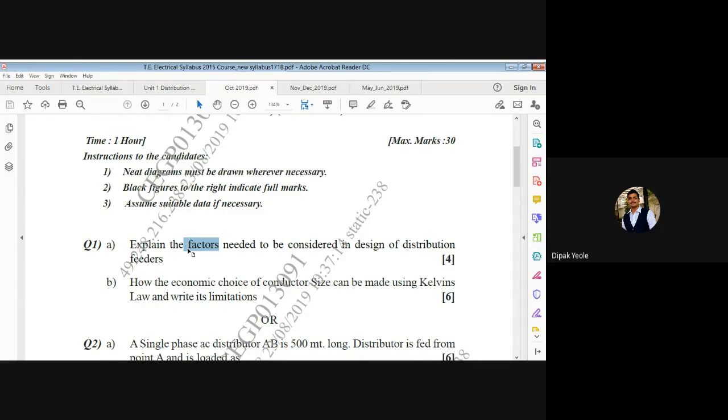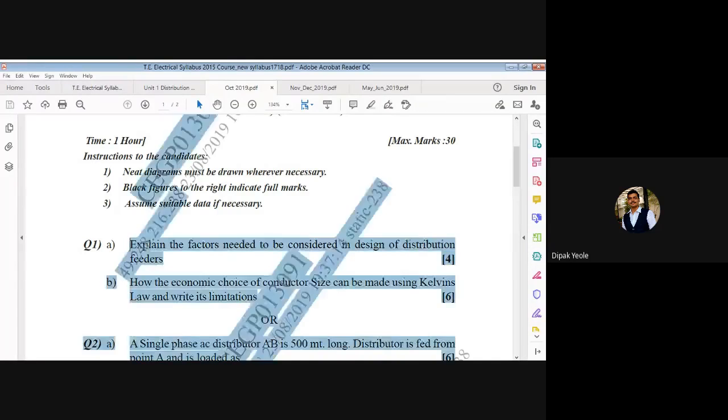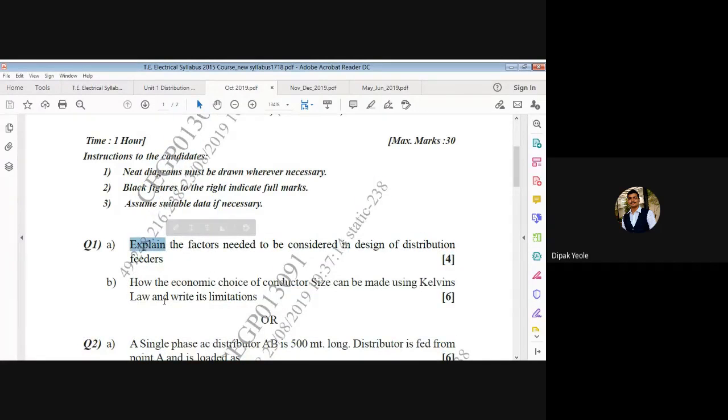After that, cost is also one factor. So at least write 4 factors, and if an explanation is asked, explain each point in a systematic way, so that your time is saved and you get full marks.